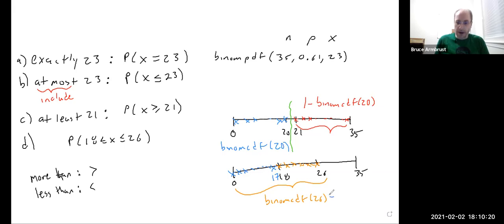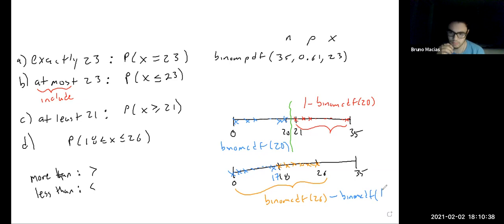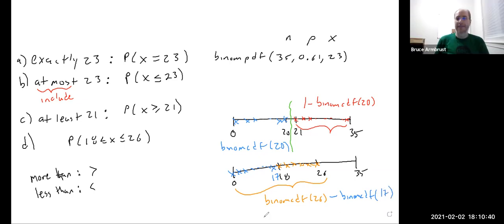So I'm going to subtract, because I want to get rid of them. And what number am I going to put in my binomial CDF to get rid of all the blue ones? 17, because I want to get rid of all the ones 17 and under. I'm a real visual guy, so I always draw these pictures because it really helps me see what's going on.